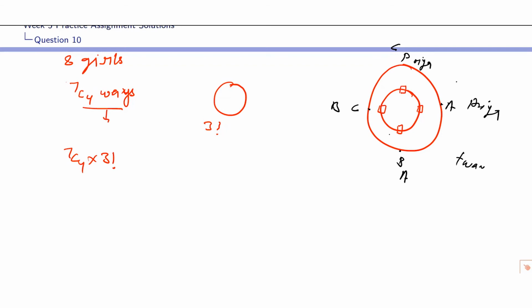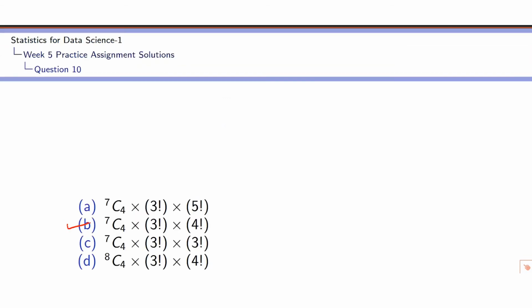So it will be considered as a linear permutation, not a circular permutation. So the number of ways the 4 remaining girls can sit in the outer circle will be equal to 4 factorial ways, because it is a linear permutation, not a circular permutation, because the relative positions with respect to the inner circle will change. So the right answer is B.